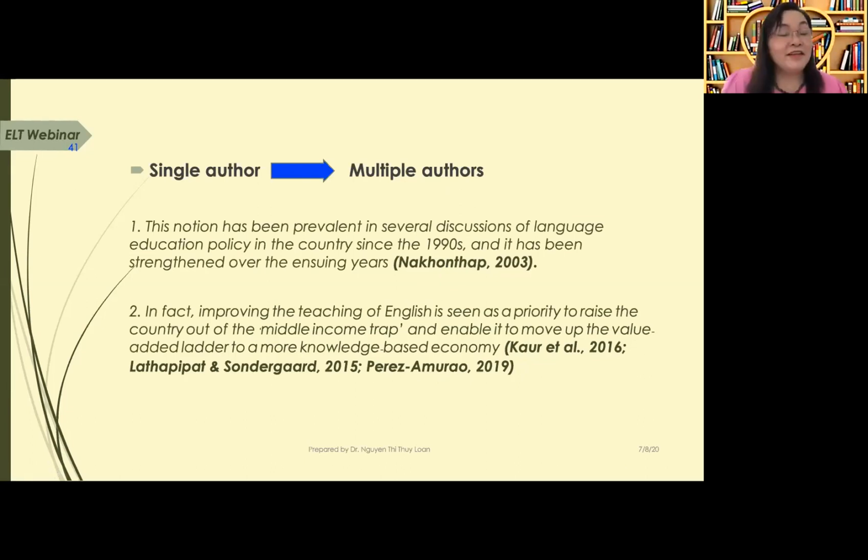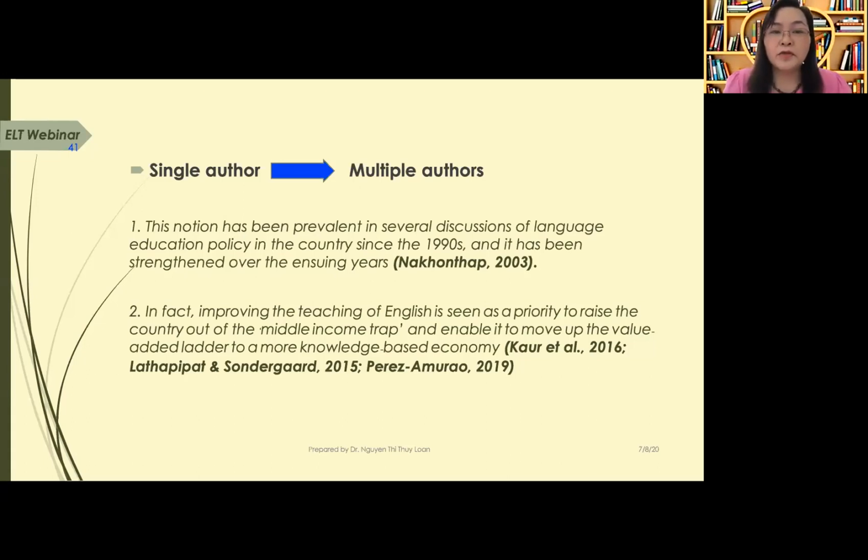The difference here is that if you make a single author citation, you just show the perspective of that authority in your field, and you mean that you are aligning yourself with that authority. But if you make a statement, a point, an argument, and then you cite a group of authorities in your field, what you mean is that you are showing the connections of the literature, the pattern of the literature.